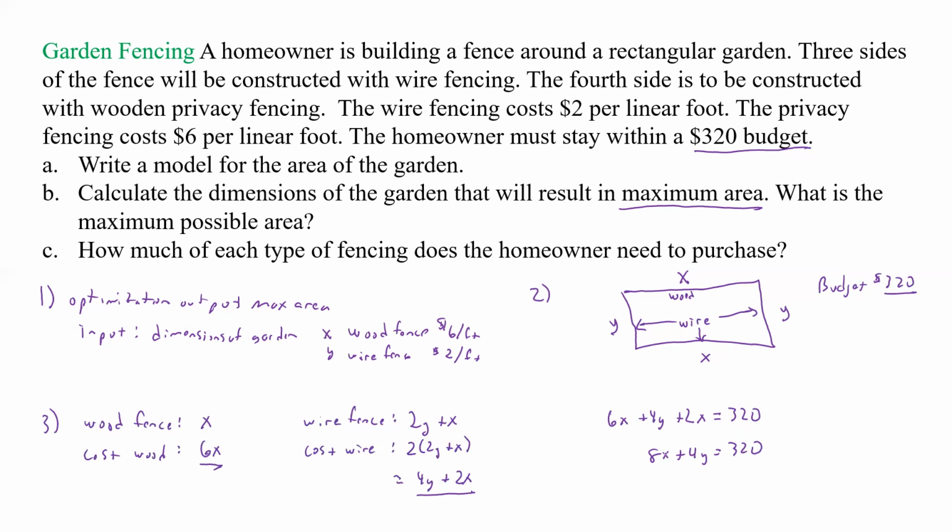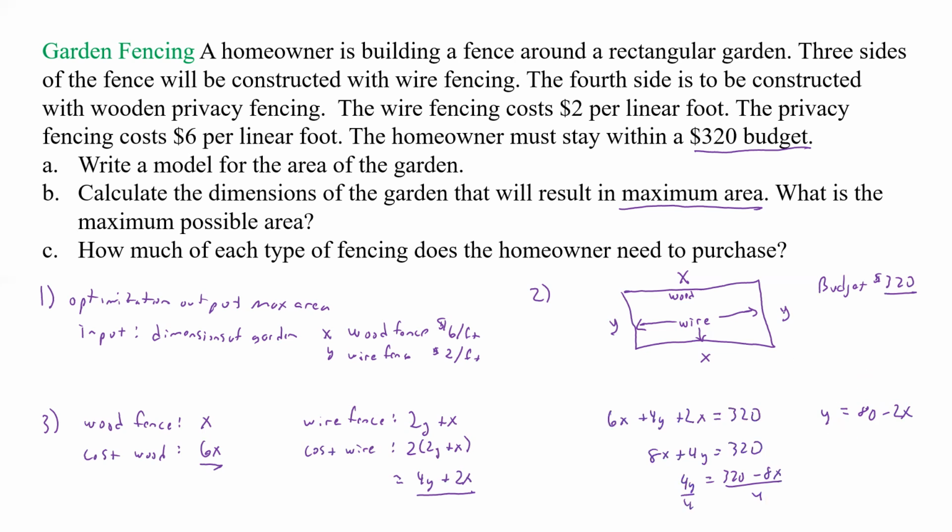Now, again, usually we solve for one of the variables and then plug it into the other one and solve for y. So let's go ahead and solve this for y. So 4y equals 320 minus 8x, divide by 4. And so y is equal to 80 minus 2x, okay?